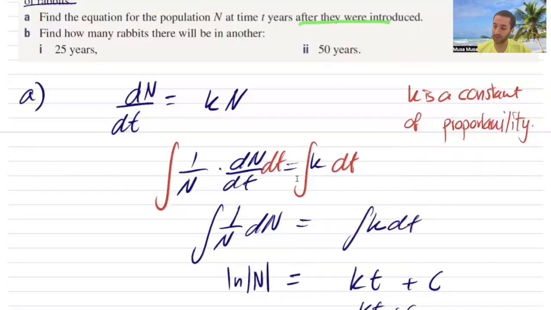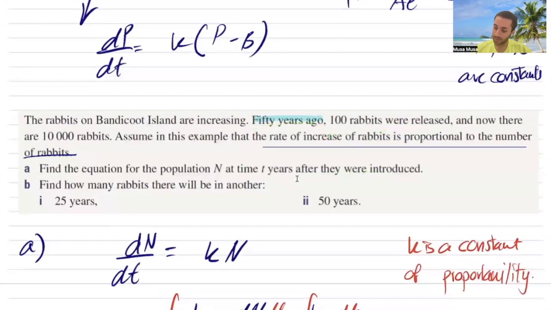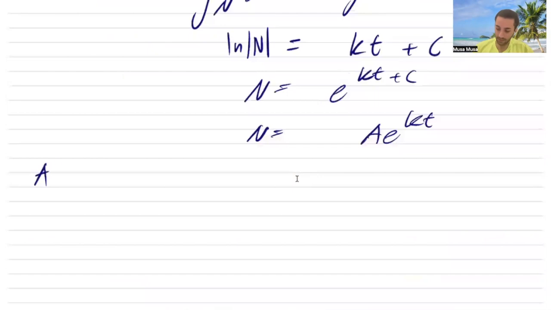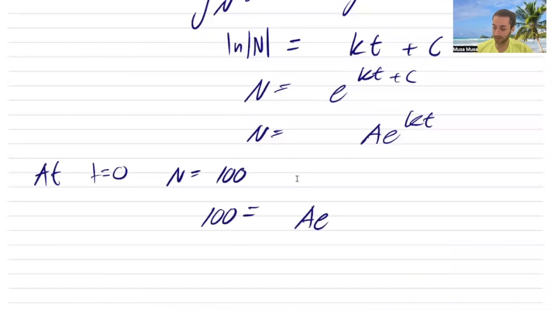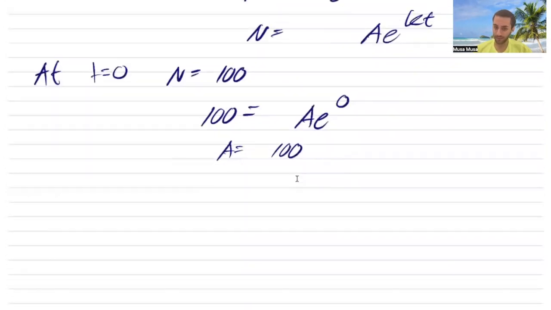Okay, makes sense. So that refers to time equals 0. So at t equals 0, n equaled 100, because they released 100 then. So 100 equals a e to the power of 0, which means a equals 100. Nice. So therefore, n equals 100 e to the power of kt.